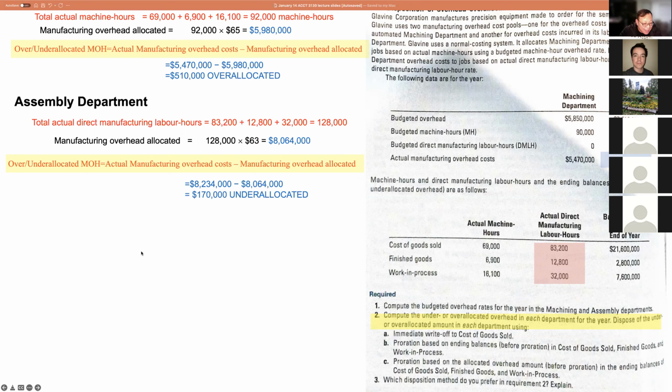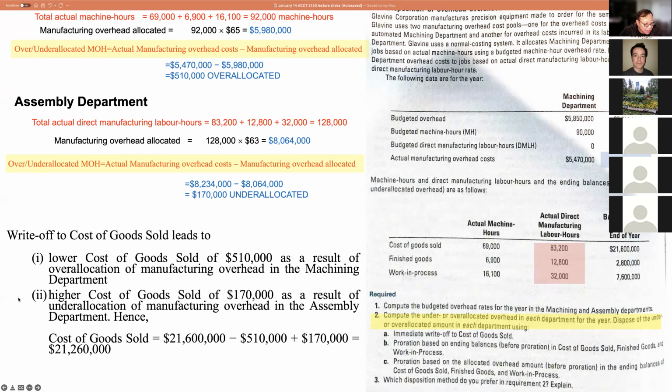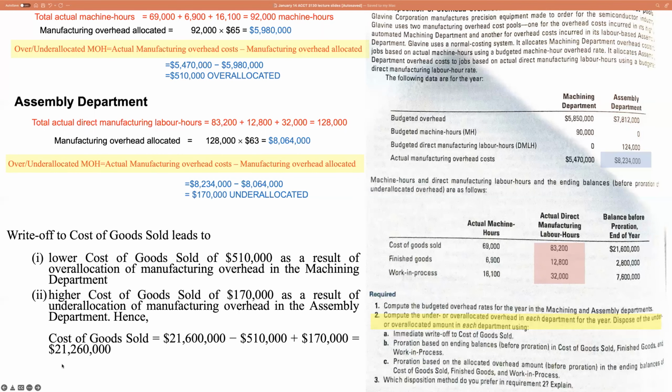Okay. So with that, now you can see this information. When you write off cost of goods sold, it leads to lower cost of goods sold of 510,000 and increased cost of goods sold by 170,000. So what's your balance?